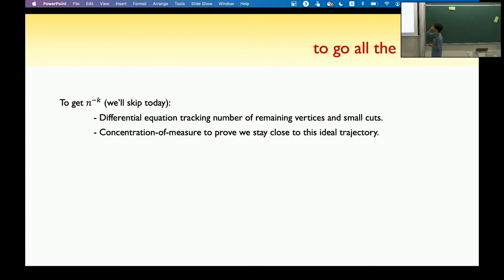Another issue is that everything I said, the number of vertices and number of small cuts, holds only in expectation. So at the end, we have to use standard concentration arguments to prove that everything holds with high probability. Okay, so this is the first part, giving a better analysis for Karger and Stein.